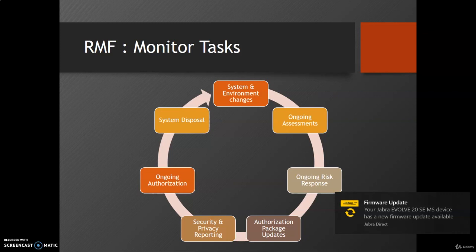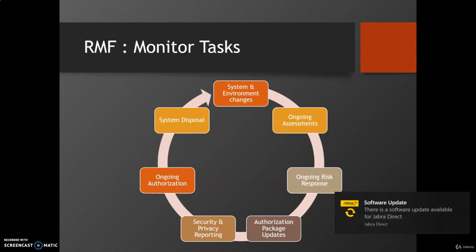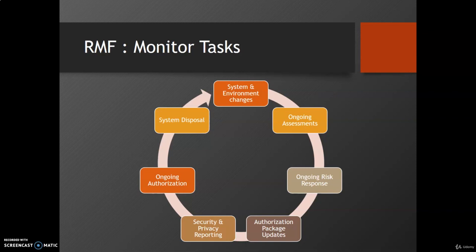Organizations establish configuration management and control processes to support configuration and change management. So this is the system and environment change task. If there is any change, we need to monitor that change and how it is impacting our information security and its environment.